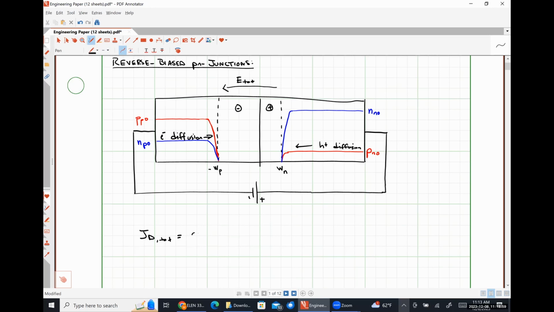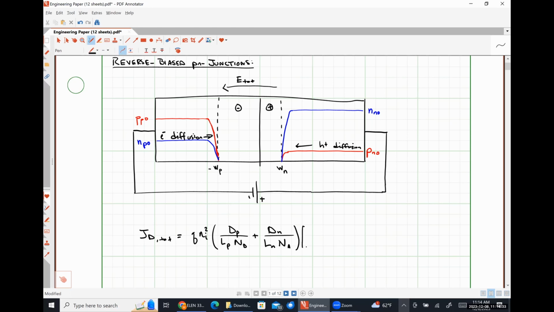So we're going to have Q times n_i squared, D_P divided by L_P N_D, plus D_N divided by L_N N_A, all multiplied by the exponential function of negative Q V_R, where V_R is our reverse bias applied voltage, divided by k_B T, minus 1.